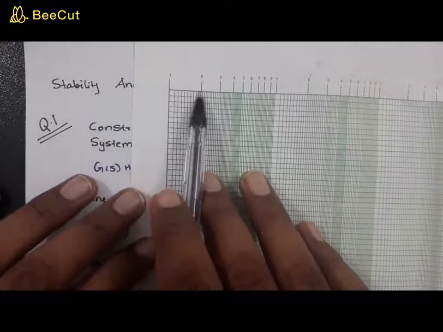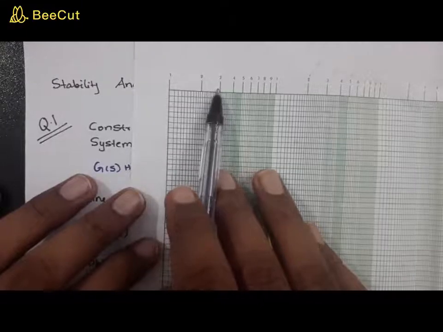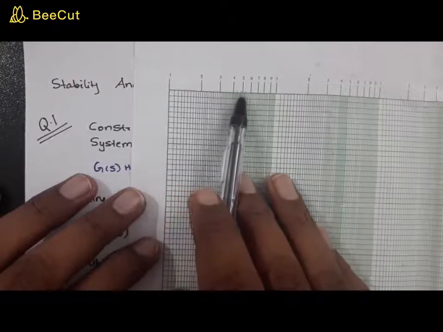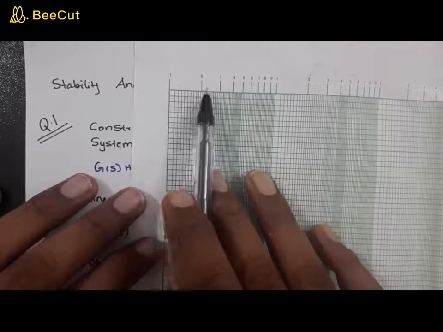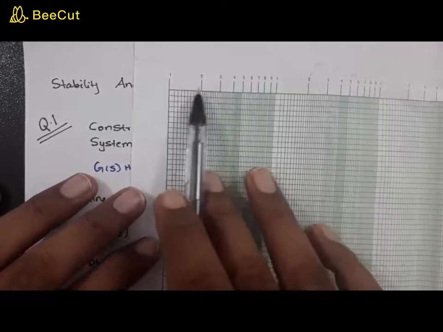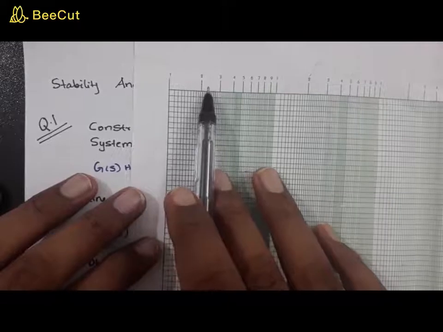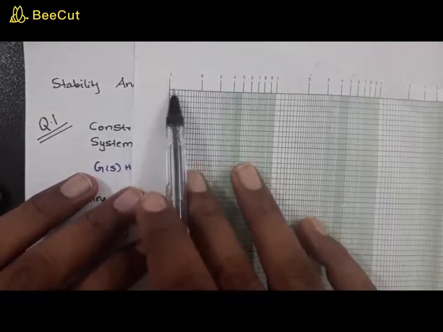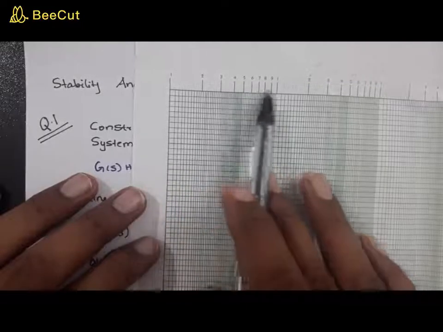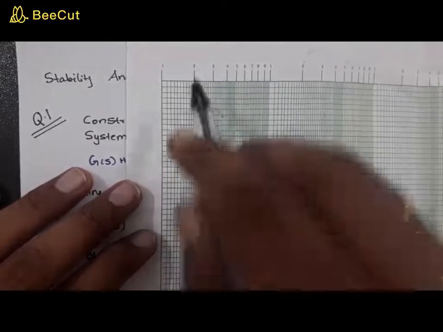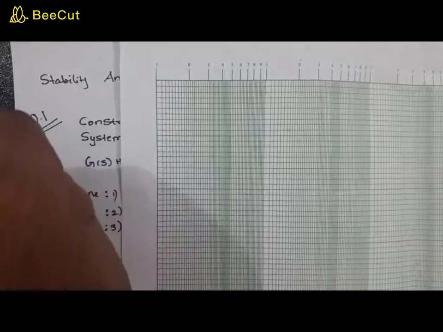There is a big gap from 1 to 2, from 2 to 3 the gap reduces, and it goes on like that. So it's not linear; between the divisions there is no linear variation. That means the horizontal axis is logarithmic in nature.